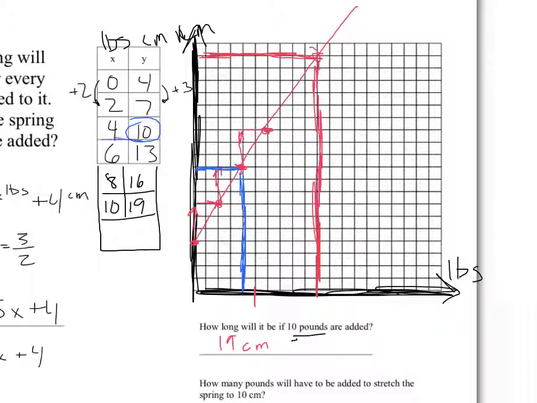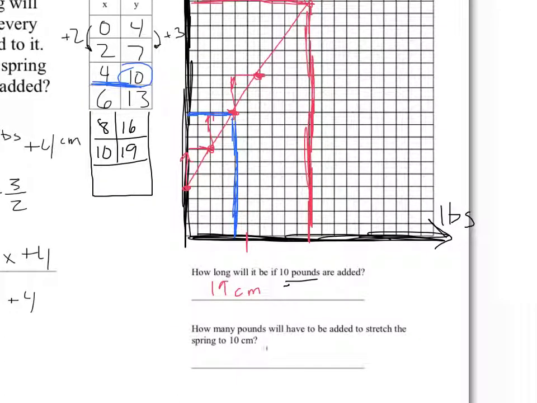We see that in our t-chart that it's 4 pounds. Are there any questions about this problem or places that you need me to go back to so you can look to see the work?